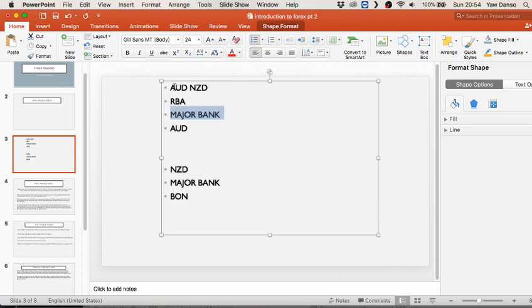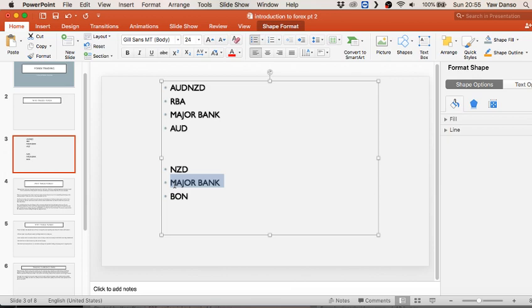So if you are trading a pair like these two, which is the Australian dollar and the New Zealand dollar, you will have to know what the Bank of Australia is saying, and what the Bank of New Zealand is saying.